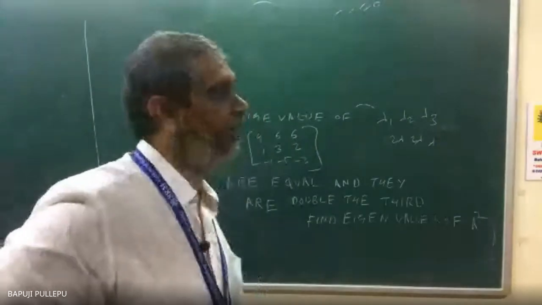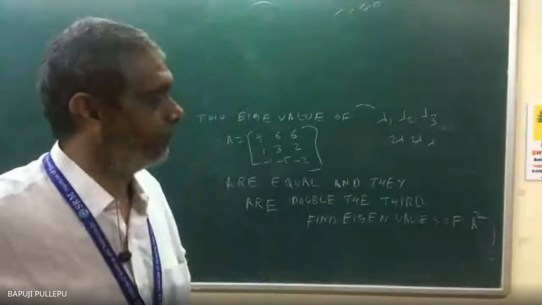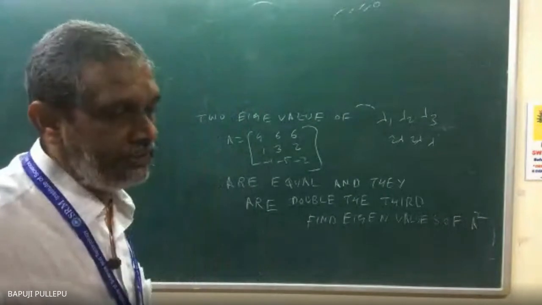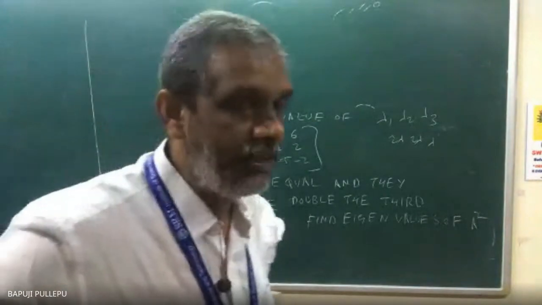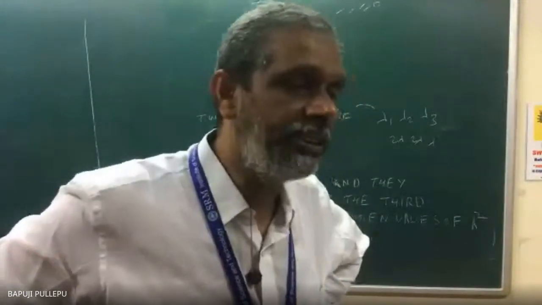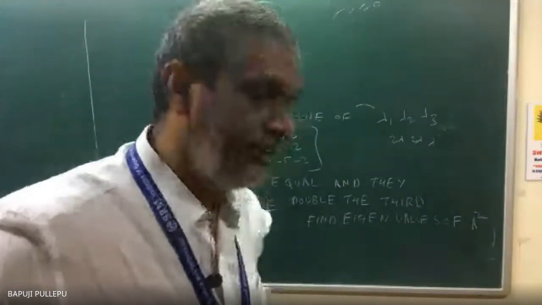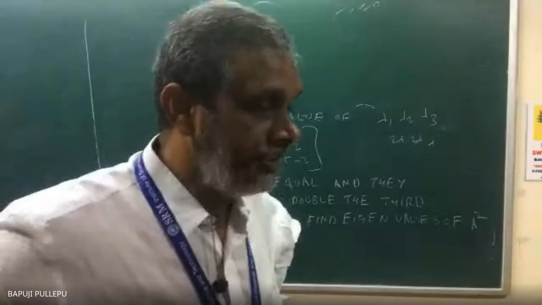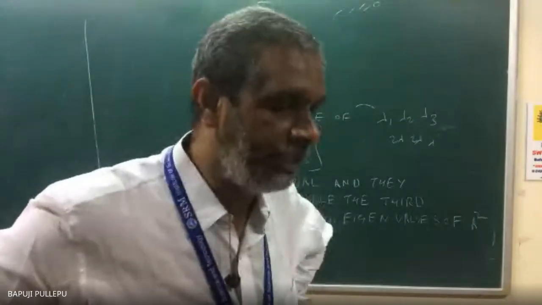So first you fix lambda. I don't know the third eigenvalue, but two are equal and double of that. Up to here clear? Yes, sir. Now from this you can find lambda, then you can find lambda square.